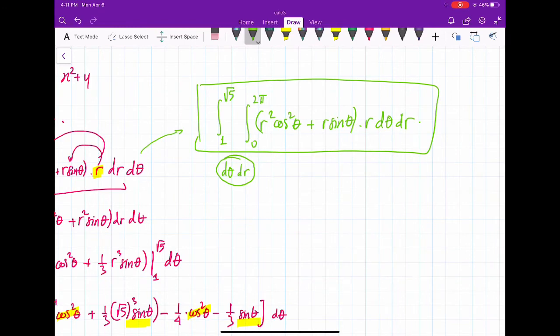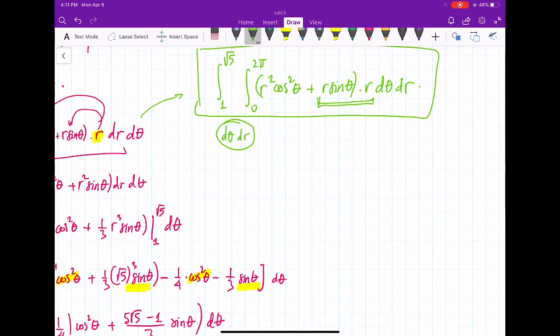So let me discuss this term, r sine theta and r. For that term, you have the following one: integral from 1 to square root of 5, 0 to 2 pi, r squared sine theta, d theta, dr. When you evaluate the integral inside, you integrate with respect to theta. r is a constant.